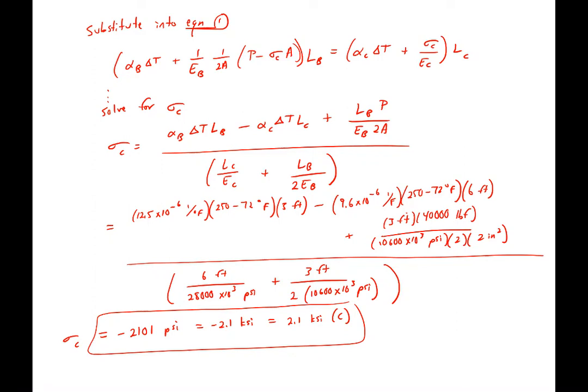All right, and to find sigma B and basically finish the problem, we just go back to the sigma B equation that we had earlier, 1 over 2A times P minus sigma C A, which in this case is over 2, and A is 2 square inches.